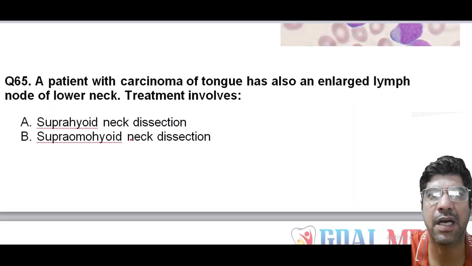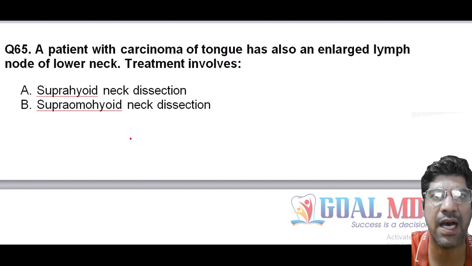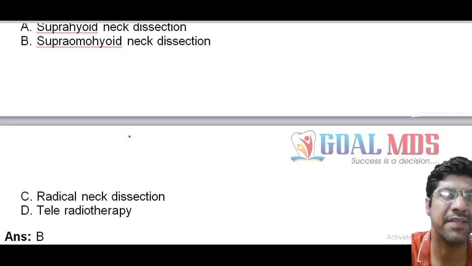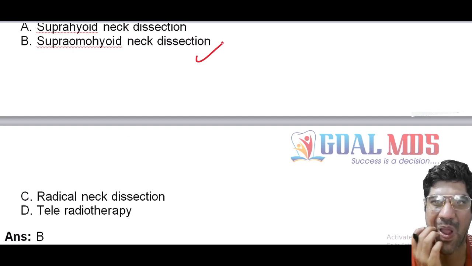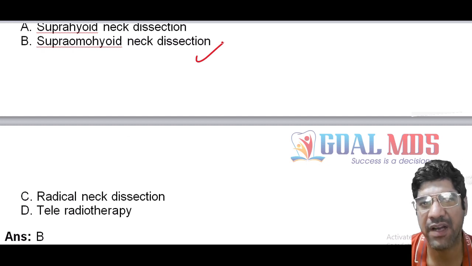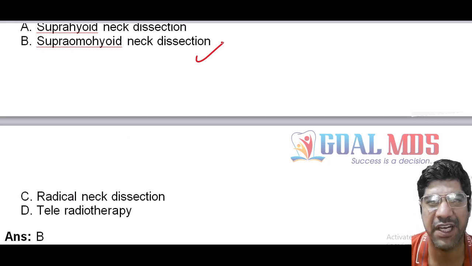A patient with the carcinoma of tongue has also enlarged lymph node of lower neck. The treatment is, well, the best answer here is supraomohyoid neck dissection. So in case of carcinoma of tongue with lymph node, the choice of treatment can vary on factors like stage of cancer, size, location of lymph nodes, whether they are unilateral or bilateral.